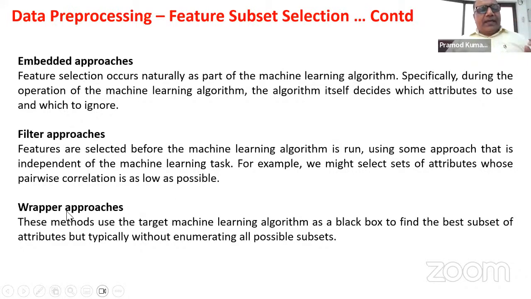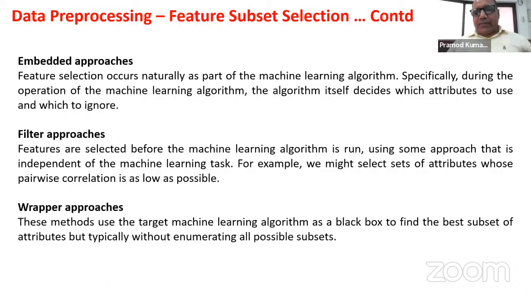So in case of the wrapper approach and the embedded approach, we use the machine learning algorithm to find the reduced feature set. In case of the filter approach, we do not use the machine learning algorithm; rather, the irrelevancy of the features is decided in advance. And in case of the wrapper method, the machine learning is used as a black box.